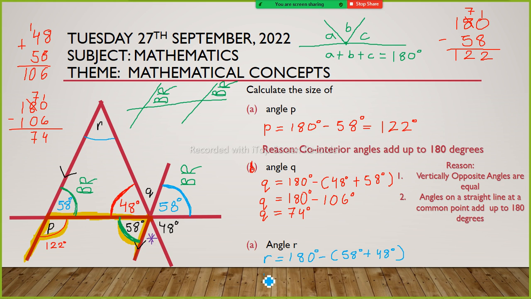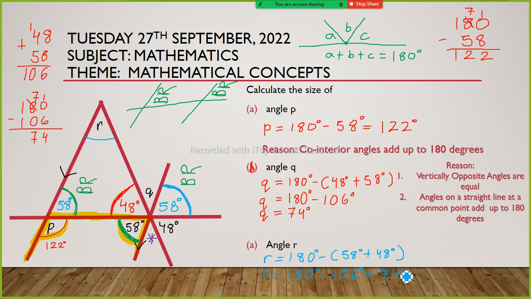And so R, therefore, is going to be equal to 180 degrees minus, what is 58 plus 48? 106. And so R is going to be equal to 74 degrees, the same thing as angle B.